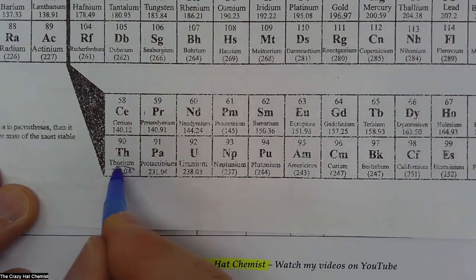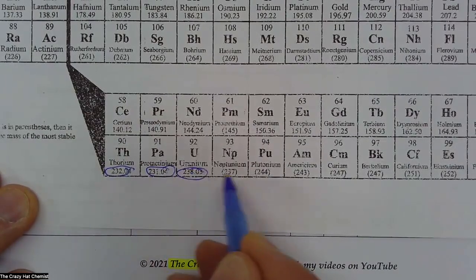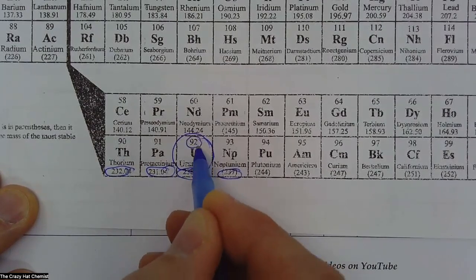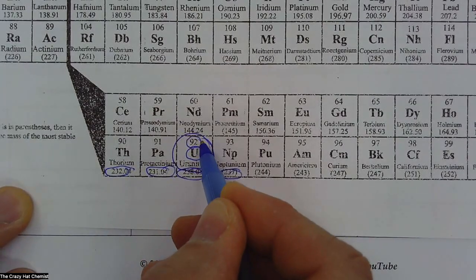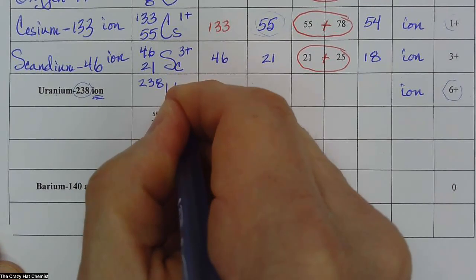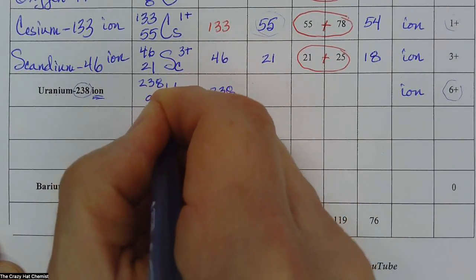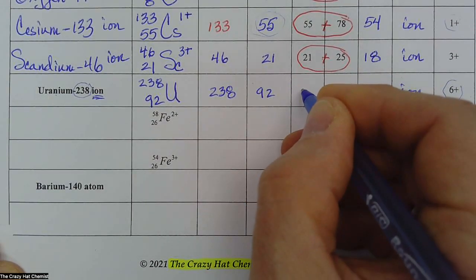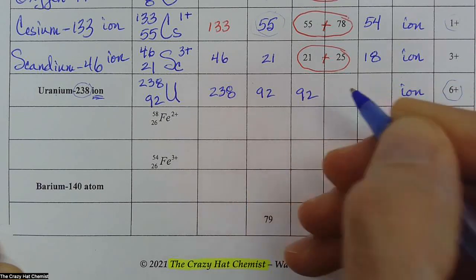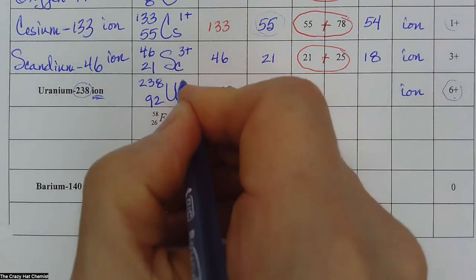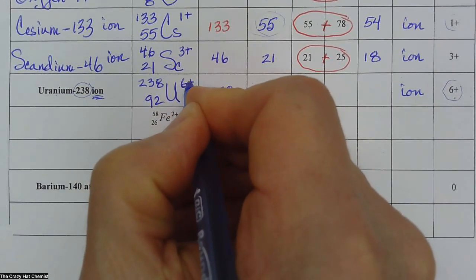It doesn't need to equal exactly 238, but there we are, uranium, and that is a capital U and an element number 92. Okay, so that is a capital U, it's atomic number 92. Atomic number 92, number of protons, 92. Okay, and it has a 6+ charge, so we're going to write this 6+ charge right there.